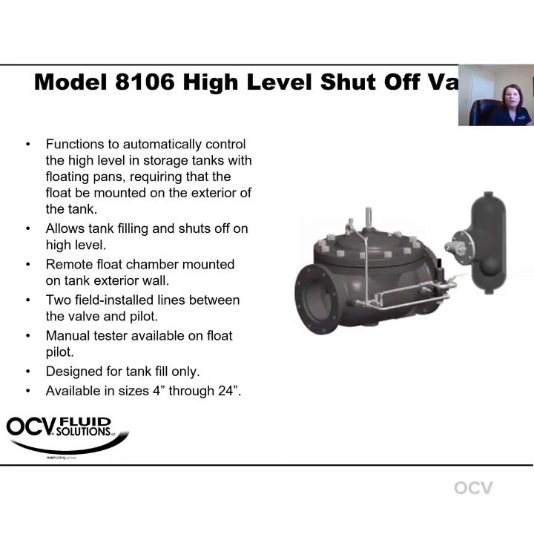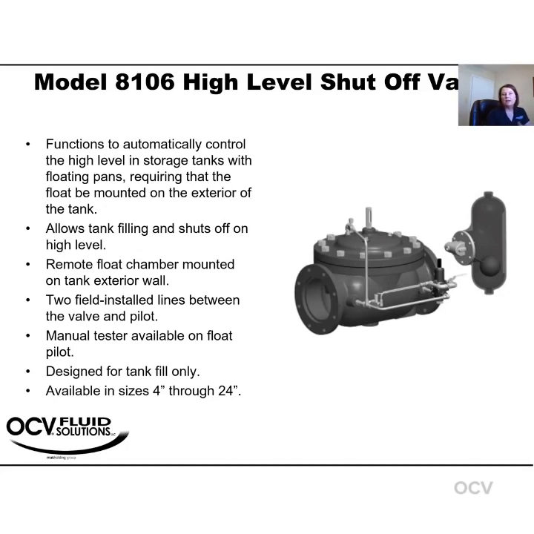Next is the 8106 high level shutoff valve. Again, controlling that high level, but now we're going to install the float pilot on the outside of the tank. With this cage mounted float, you can see the ball inside the float, and as that rises up, that again is sending that signal to the valve telling the valve it needs to shut down.